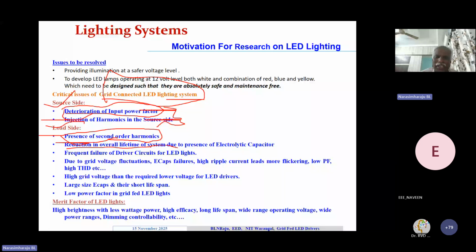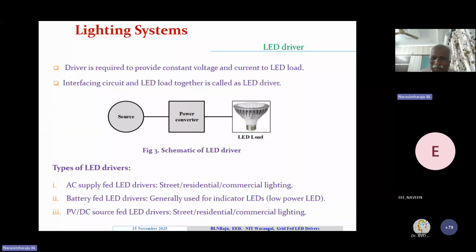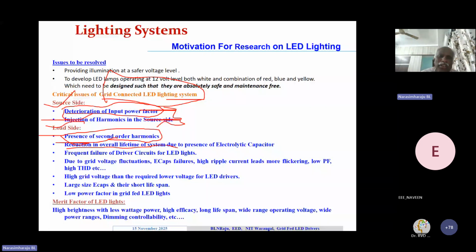Such a feature advantage is not possible in any of the other traditional lights. So there are huge benefits in these advanced lights, but at the same time, there are several issues also. All issues may not be resolved in one design, because when you design the lamp, there is a universal voltage range.